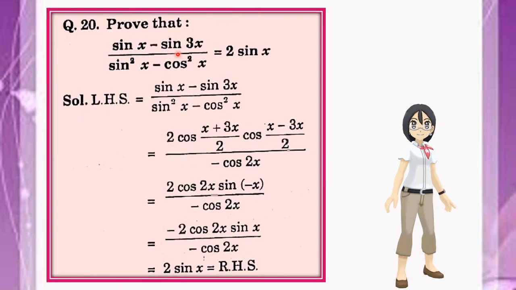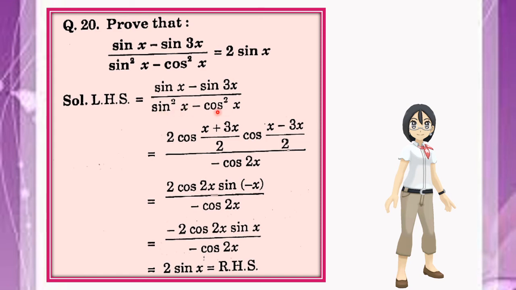20th question, (sin x minus sin 3x) upon (sin²x minus cos²x). In the numerator, apply that property sin a minus sin b, right? And here in the denominator, apply that property: sin²x minus cos²x is minus cos 2x. Because what is cos 2x? Cos 2x is cos²x minus sin²x.